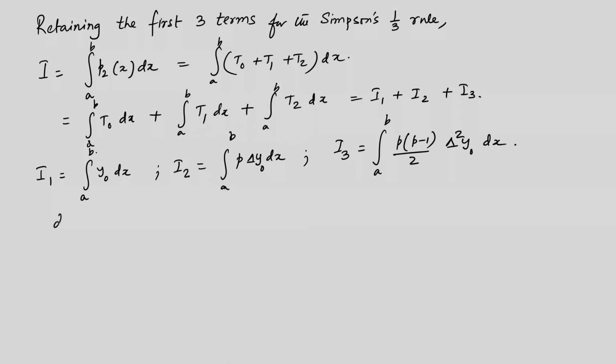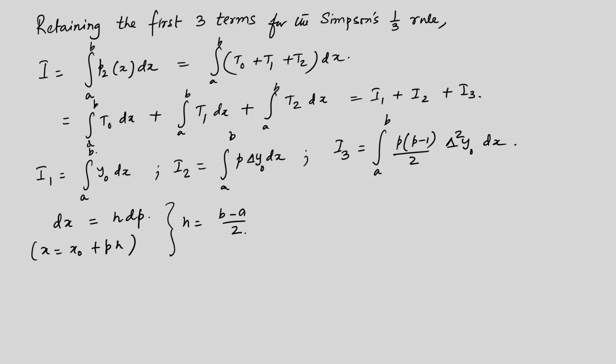Now, remember that dx is equal to h dp, because x equal to x 0 plus p h. And of course, this h is equal to b minus a by 2, because this was b minus a in the trapezoidal rule. Now, it is b minus a by 2 because we are using 2 segments.